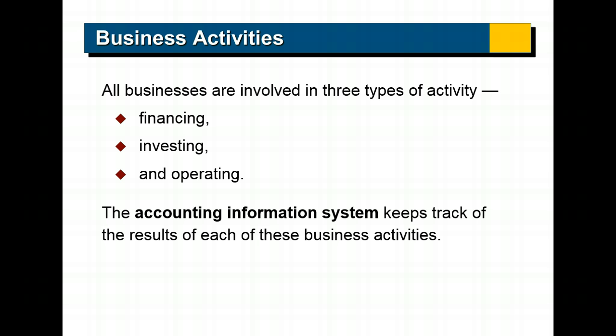And then operating activities are the activities or revenues and expenses incurred with the business you're in. So in an auto shop, it would be getting those services, repairing those automobiles, and the costs associated with that.